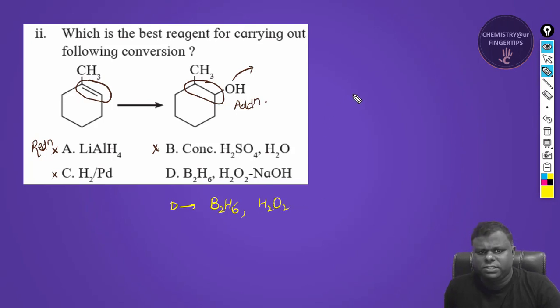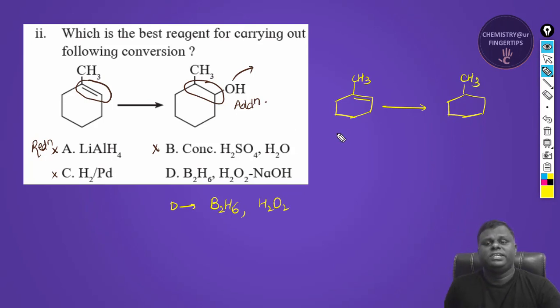So how you could do this? Now this is a very simple way to do. So you have a CH3 over here, correct? And then this double bond can get converted into a single bond. So you already know the hydroboration is nothing but anti-Markovnikov's water addition, right?